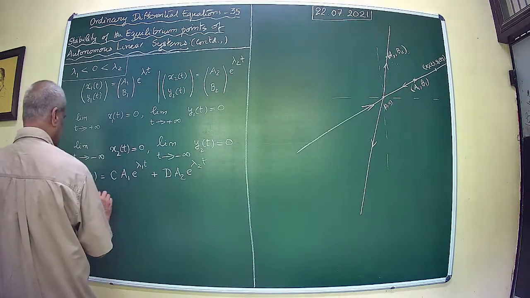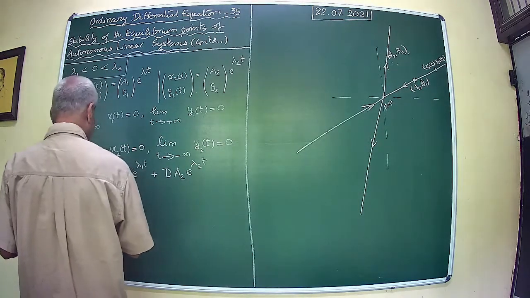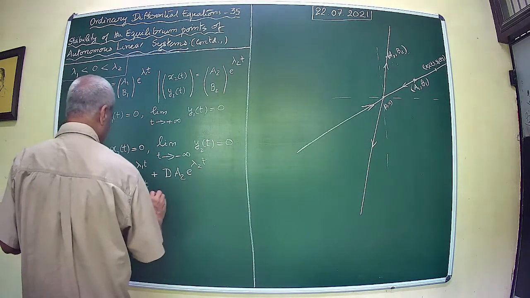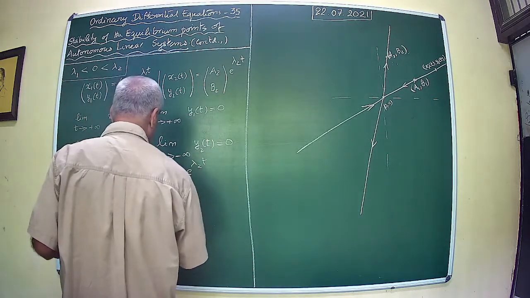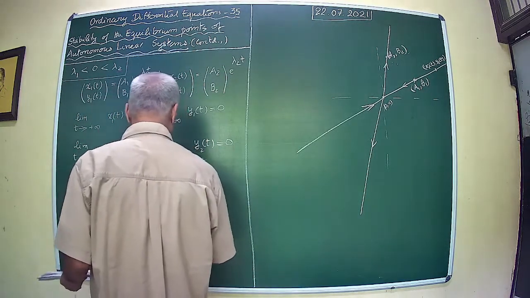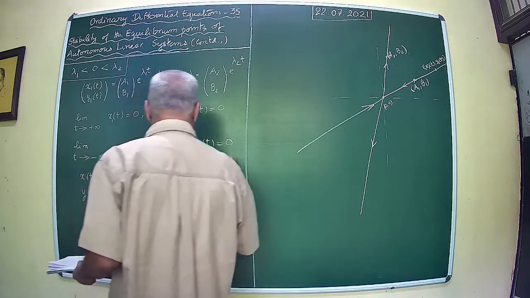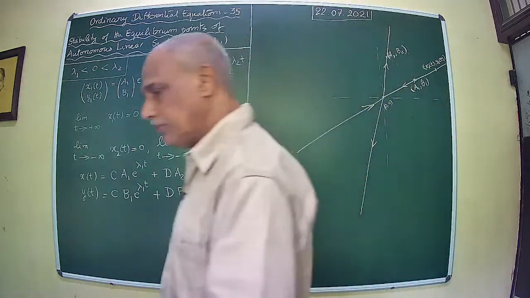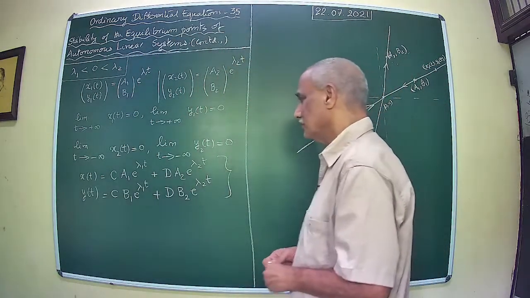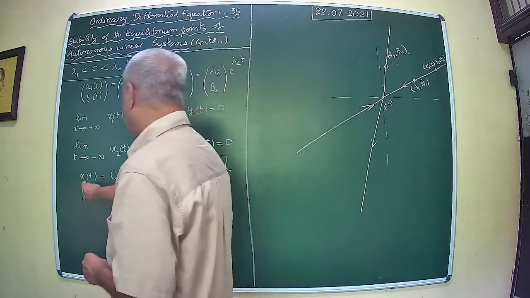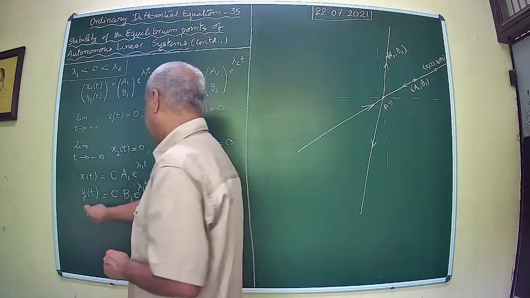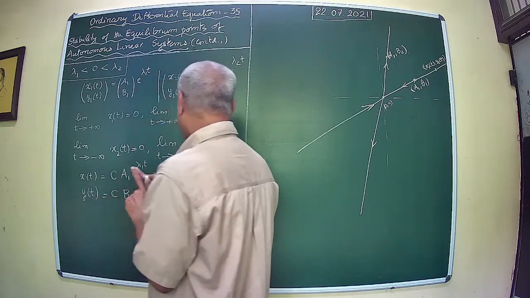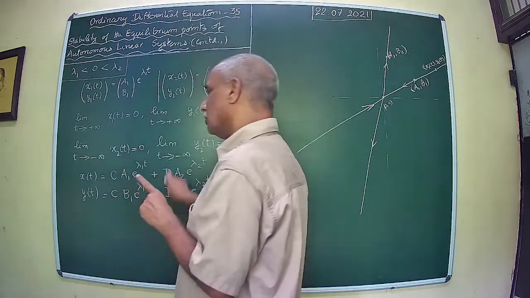This is the general characteristic. Now you immediately see that you cannot say that x(t) goes to 0 or y(t) goes to 0 as t tends to infinity unless d equals 0.